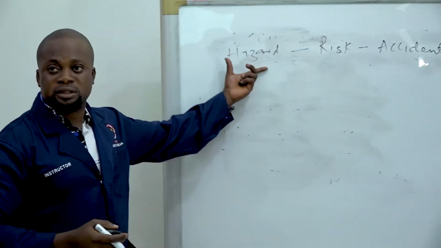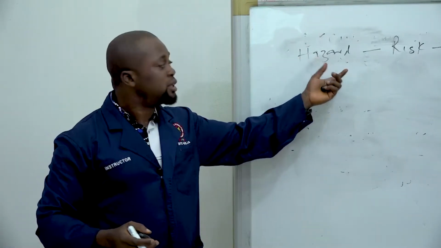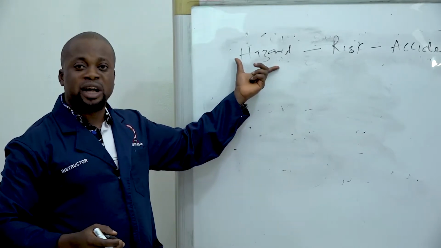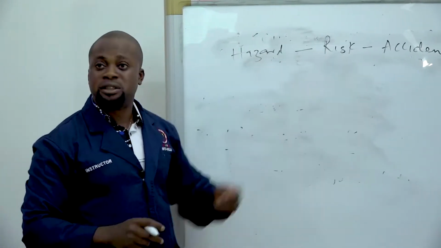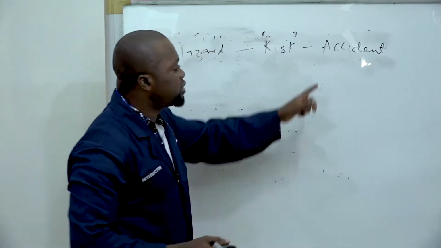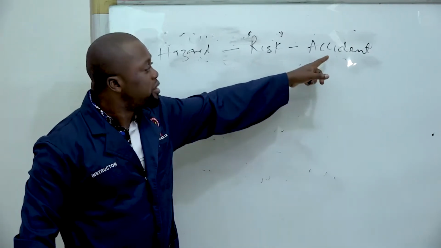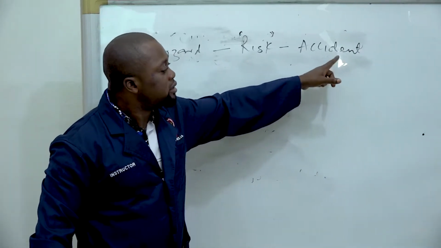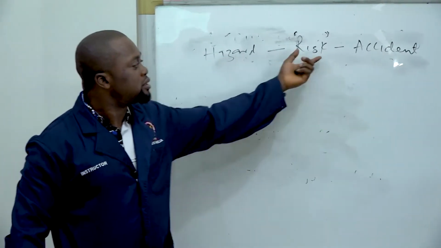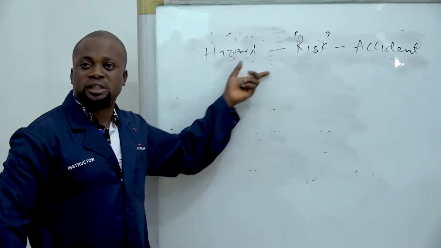Hazards, we said, are conditions that lead to what? Accident. But if you ignore hazard, you are taking a risk. If you ignore hazard, you are taking a risk. And the resultant effect is what? An accident. So if you want to work freely and survive, you must consider this. It's very, very important. This is what we refer to as the relationship.